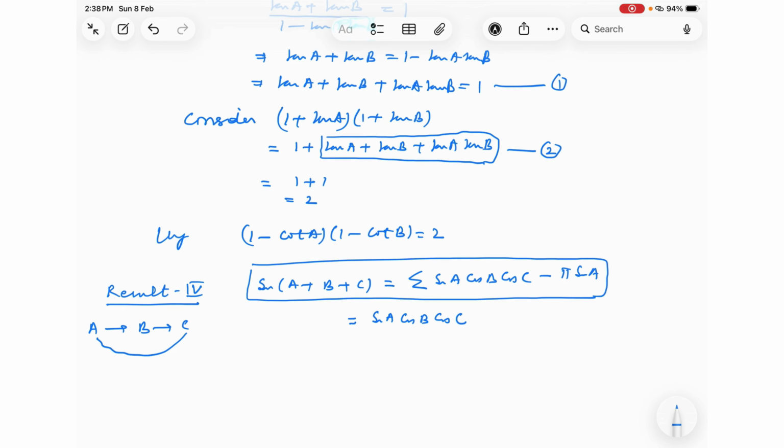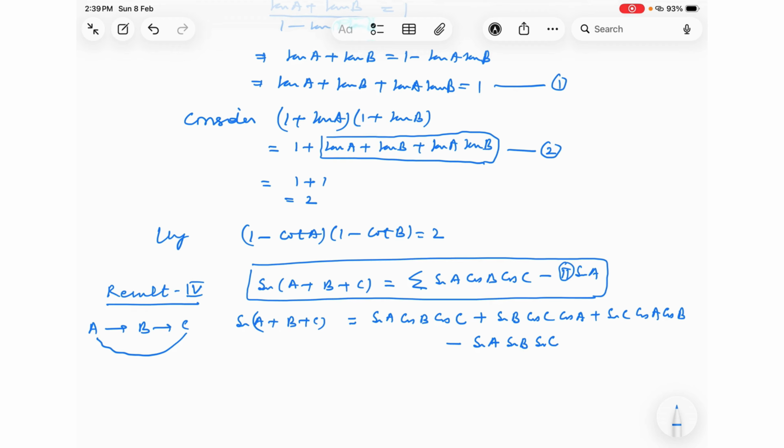In that, first term is sine A cos B cos C, second term will be sine B cos C cos A, third term will be sine C cos A cos B. Minus, now pi denotes product, product of 3 terms. In that, first term is sine A, second term is sine B, third term is sine C. This is actually the sine of A plus B plus C formula, that we write in short as sigma sine A cos B cos C minus pi sine A.